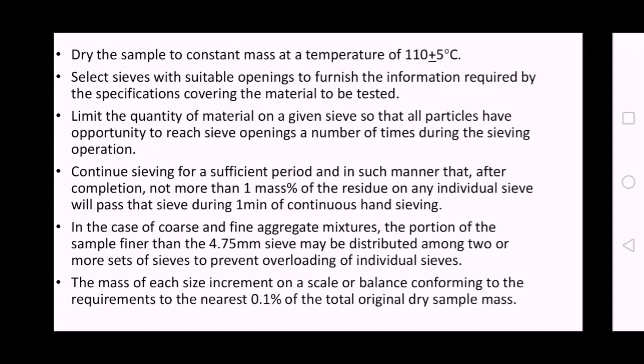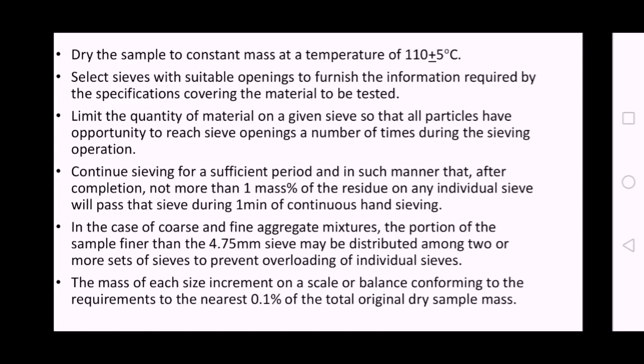Limit the quantity of material on a given sieve so that all particles have opportunity to reach sieve openings a number of times during the sieving operation. Continue sieving for a sufficient period and in such manner that after completion not more than 1 mass percent of the residue on any individual sieve will pass that sieve during 1 minute of continuous hand sieving.